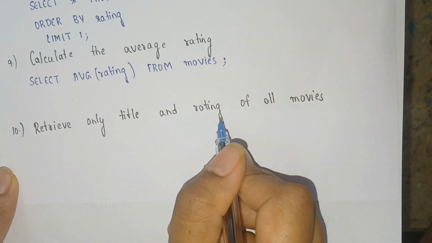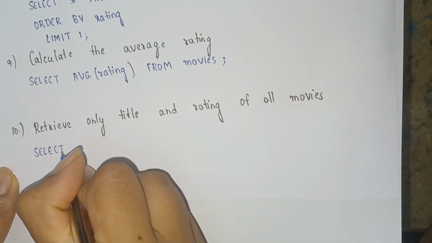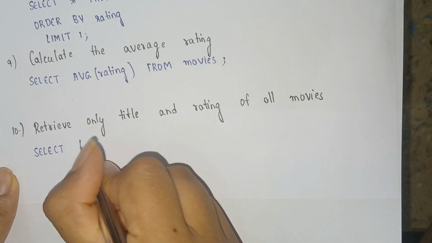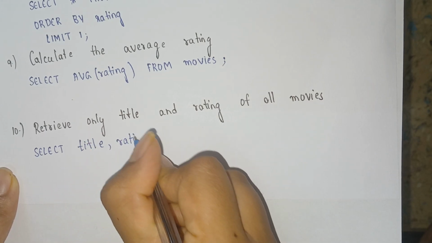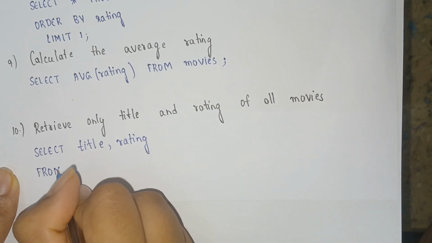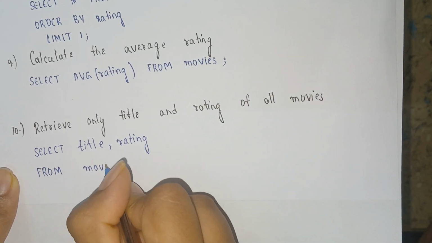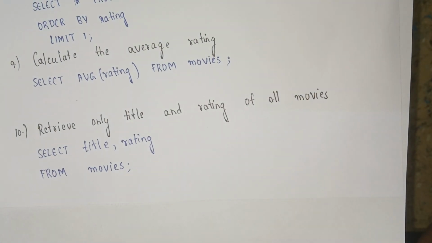Retrieve only title and rating. Instead of selecting all the columns, we are going to retrieve the title column and rating column from all movies, from movies. No need to order, no need to limit. So these are very simple, very basic SQL queries. I think it makes it clear.